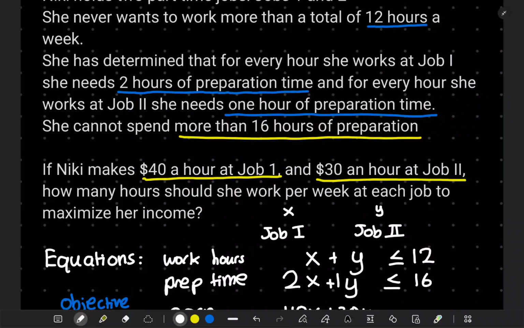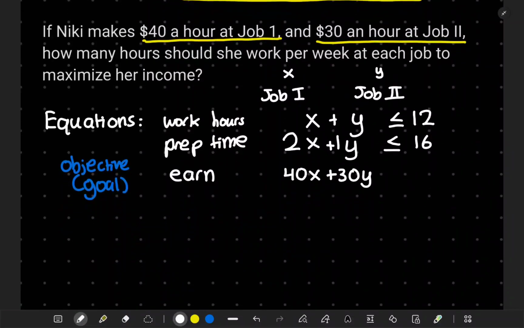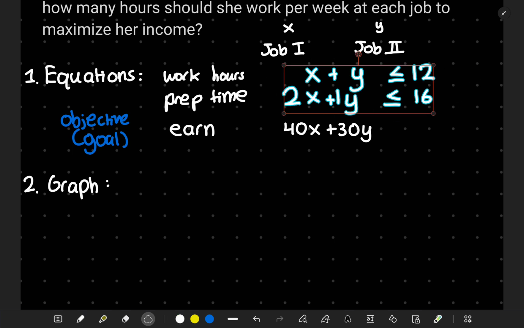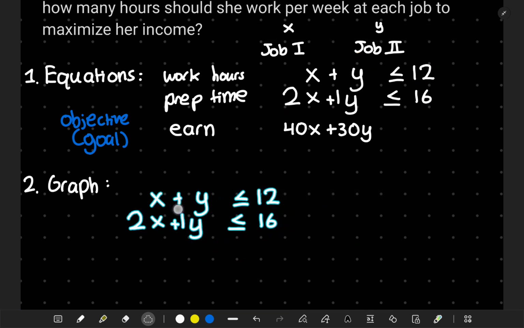And so from this, we need to figure out how to graph it. The first step is to declare our equations. The second thing is we need to establish our graph. So we need to graph these two things. So then all we need to do is take this and paste it, so that we can say there are 2 equations.